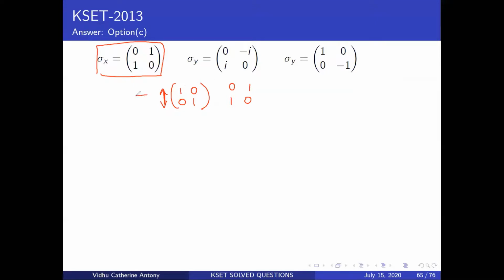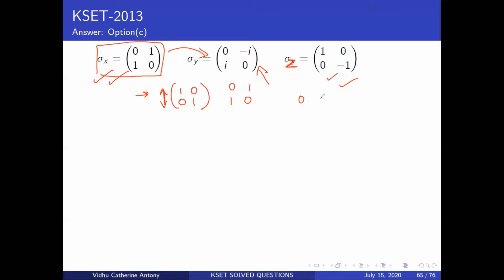Now I remember another thing this way. There are several points to remember. Sigma x and sigma z do not have complex numbers in them. Only the middle one, sigma y, has complex numbers in it. That is one way to remember it. Now from 0, 1, 1, 0 how do you go to sigma y?